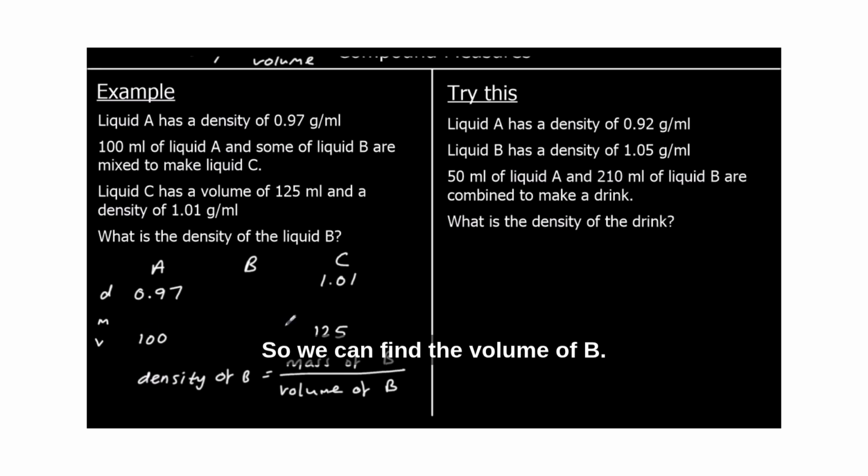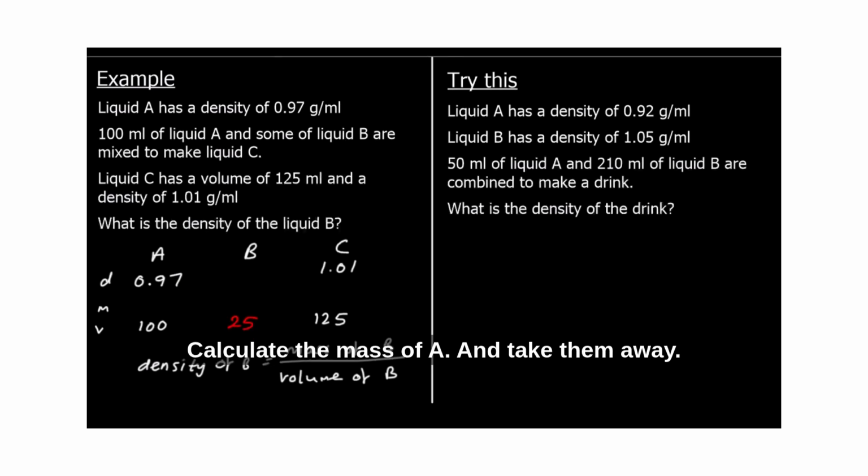So we can find the volume of B by taking away 125 take away 100 is 25. So there must have been 25 milliliters of B because it's added to 100 milliliters of A to make 125 milliliters. To find the mass, we're going to have to calculate the mass of C, calculate the mass of A, and take them away.